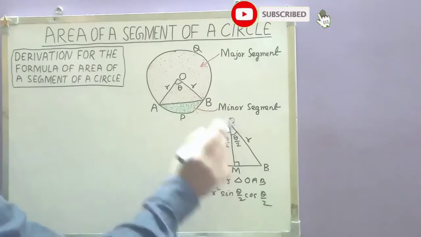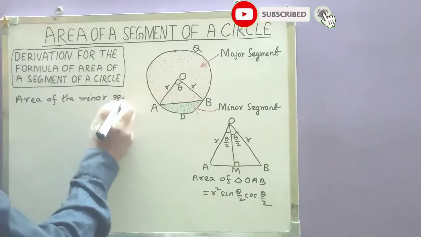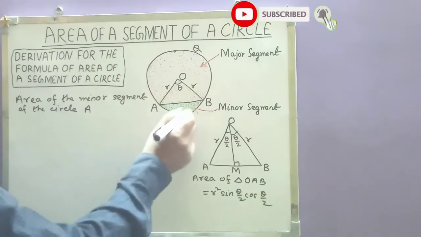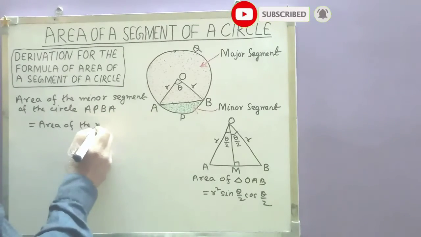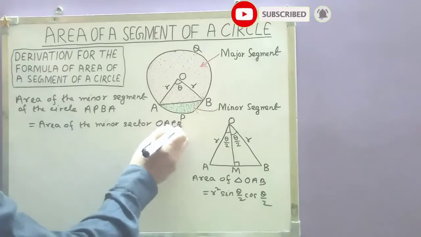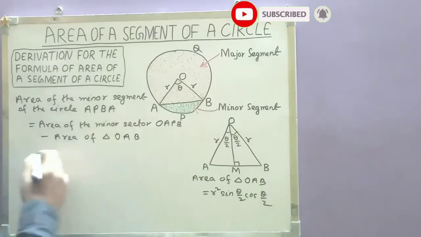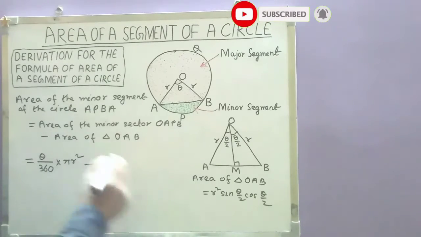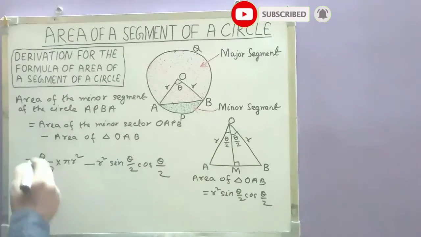Now, area of the minor segment APBA of the circle equal to area of the minor sector OAPB with theta as the angle of sector minus area of triangle AOB, that equals theta upon 360 into pi r square minus r square sin theta upon 2 into cos theta upon 2.